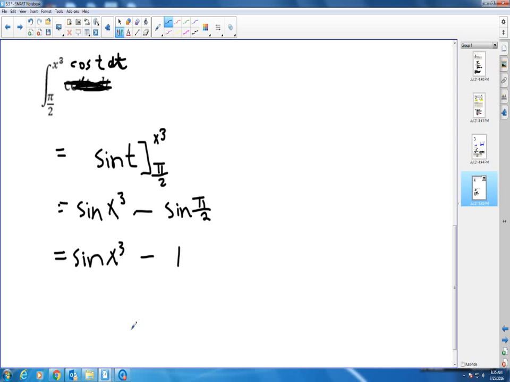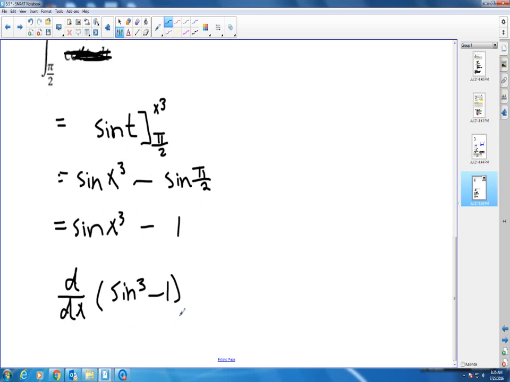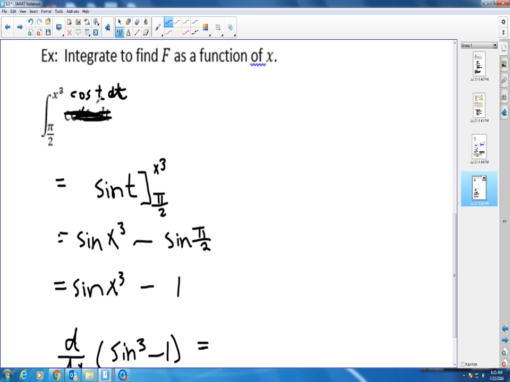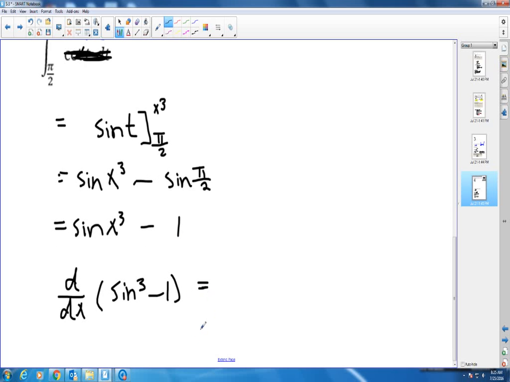Now, if I take a derivative of my antiderivative, sine of x to the third minus 1, this time it does not really bring me back to cosine of x, because this is to the third power here, so the answer is slightly different.